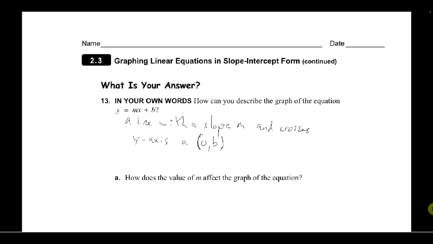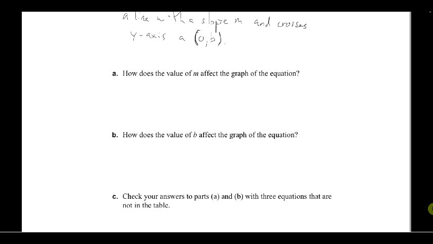What happens to the steepness of the line? For b, how does the value of b affect the graph of the equation? So if you noticed, if you look back on a few things that you've graphed, that number that's being added or subtracted, 2x, how does it affect the graph? Perhaps it's graphed higher or lower on the y-axis.